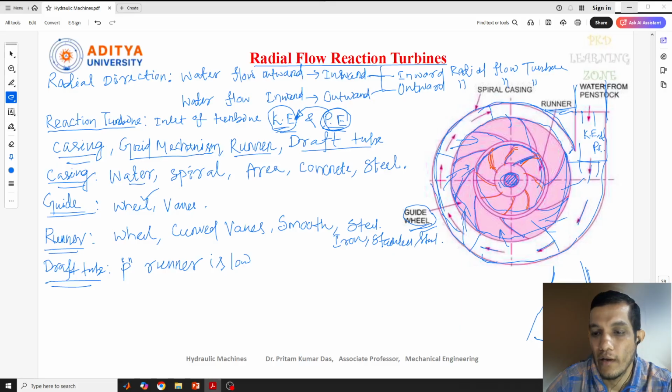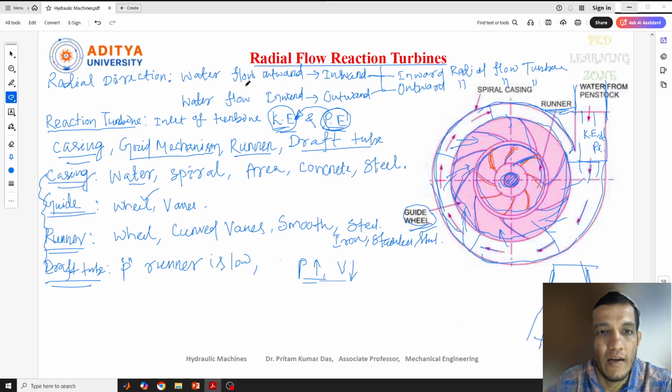The pressure at the runner will be low, and if you fit a draft tube at the runner part, slowly the velocity starts decreasing and the pressure starts increasing, to more than or equal to atmospheric pressure, so the water can easily exit from the draft tube to outside.